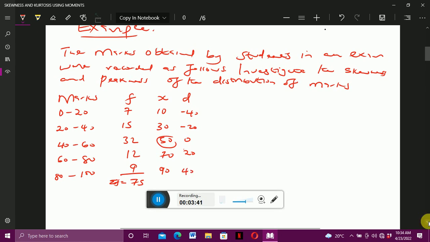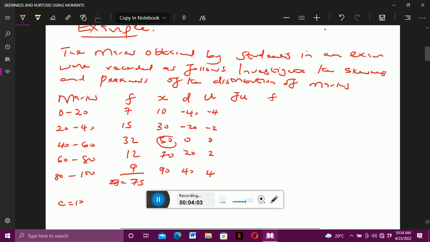These d's are all divisible by 10, so we can have a constant 10. And when we divide each d by the constant, we get u, which will be negative 4, negative 2, 0, 2, and 4.